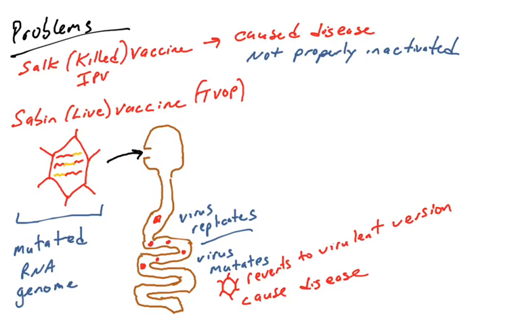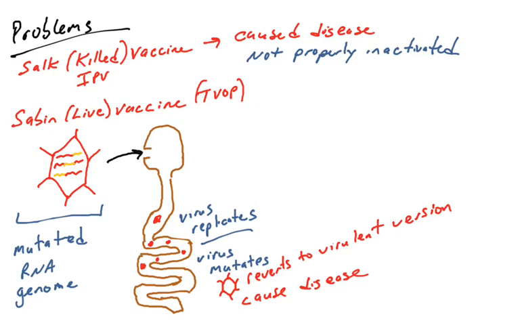And in fact, in some individuals, it has happened that the virus has mutated back to the dangerous virulent version that would cause disease. So is this individual who's taking the vaccine going to get the disease? Actually, probably not. Usually not.